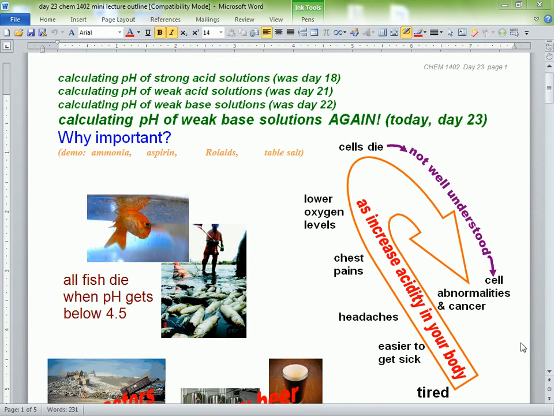We are working still on predicting pH of solutions. If we go back in time, to get pH, pH is a negative log of the hydrogen ion concentration. So, Danny, how did we get that hydrogen ion concentration if we had a strong acid?